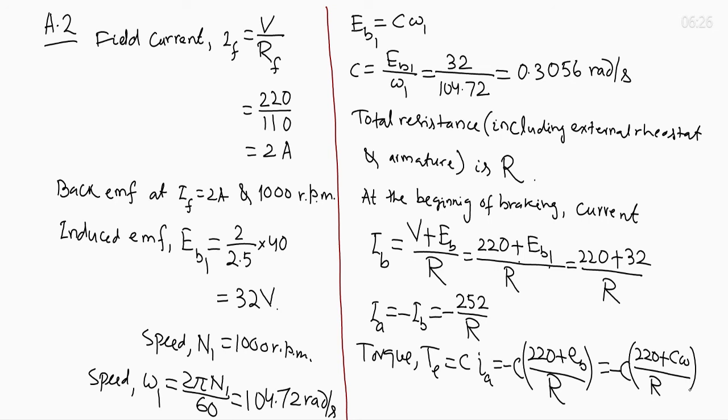So, now this torque is J into d omega by dt, the inertia torque. So, using this equation we can get the time relationships, the braking time. So, you have minus C into 220 plus C omega divided by R, which is the braking torque, equals J d omega by dt.